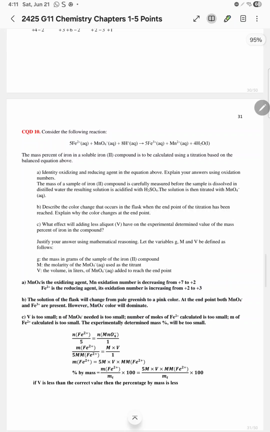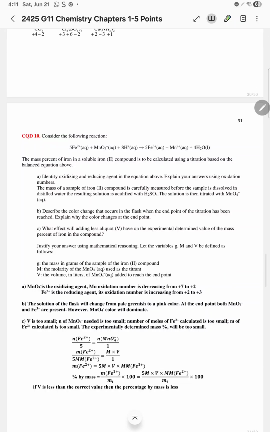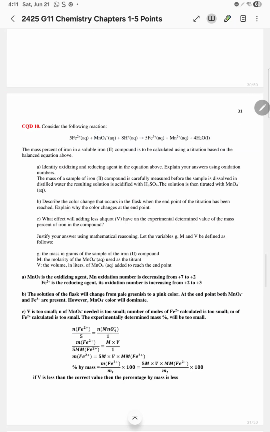So you have 5 Fe2+ plus MnO4- and 8 H+ gives you 5 Fe3+ plus Mn2+ and 4 H2O. Okay, so Fe was oxidized because the superscript increased. MnO4 was split up.